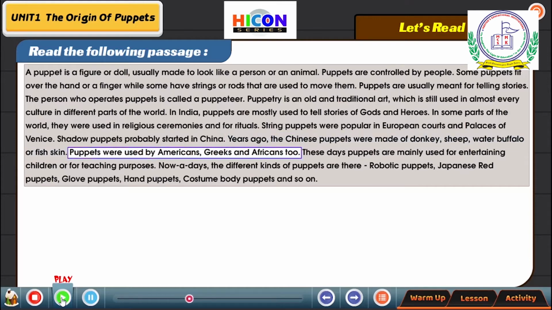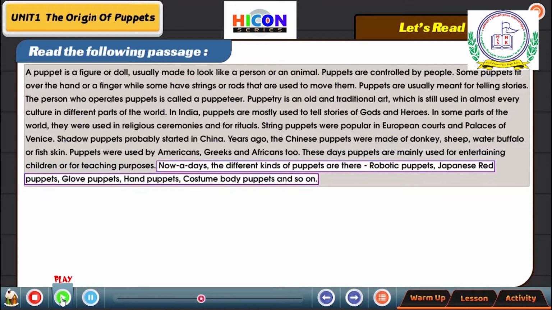Puppets were used by Americans, Greeks, and Africans too. These days, puppets are mainly used for entertaining children or for teaching purposes. Nowadays, the different kinds of puppets are there: robotic puppets, Japanese red puppets, glove puppets, hand puppets, costume body puppets, and so on.